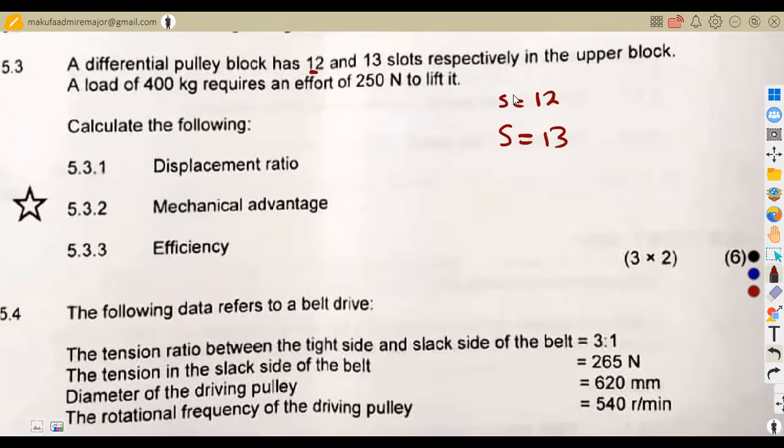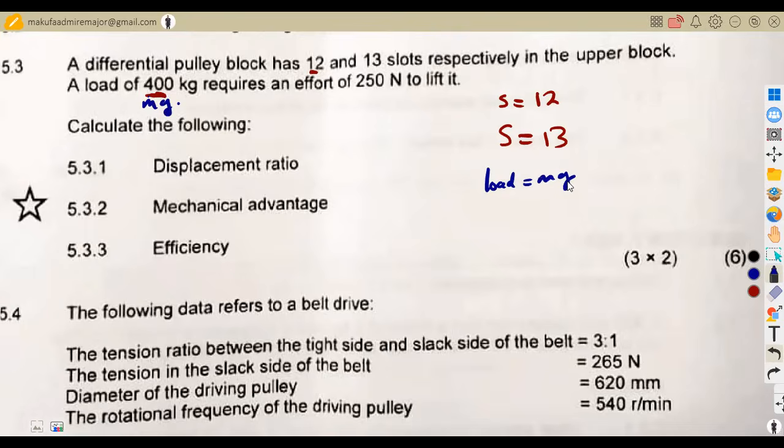So the s, this one is from the smaller diameter, 13 is from the larger diameter in this case, and we are given that the load is supposed to be of 400 kg. So here we are supposed to have our load in newtons in this case. So the load from the 400, remember it's mass times what?